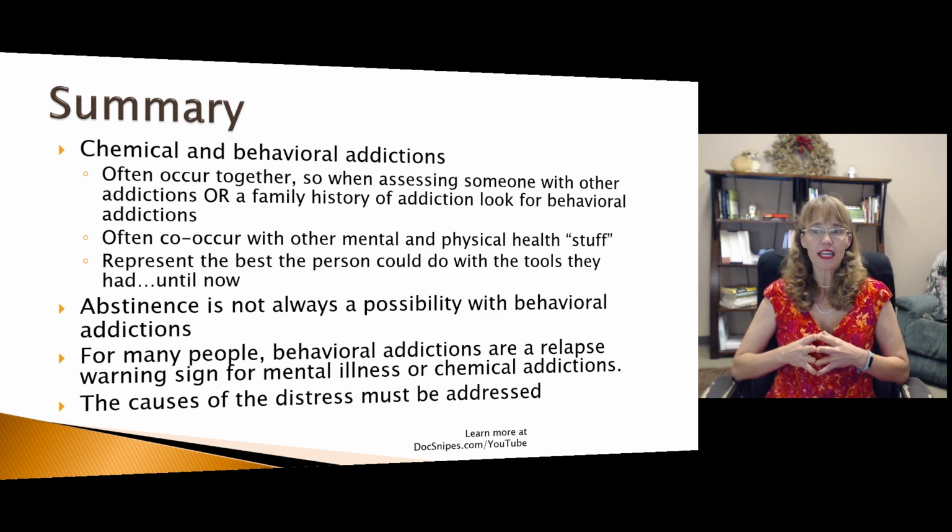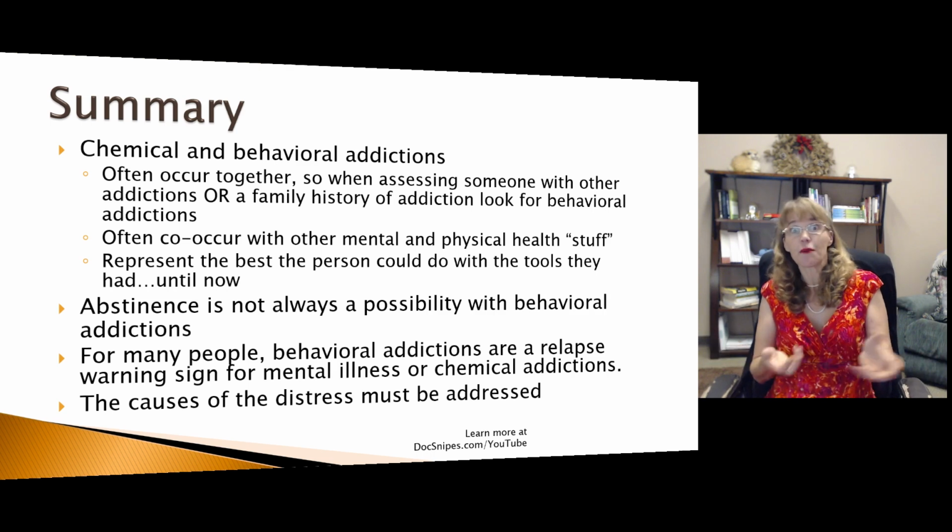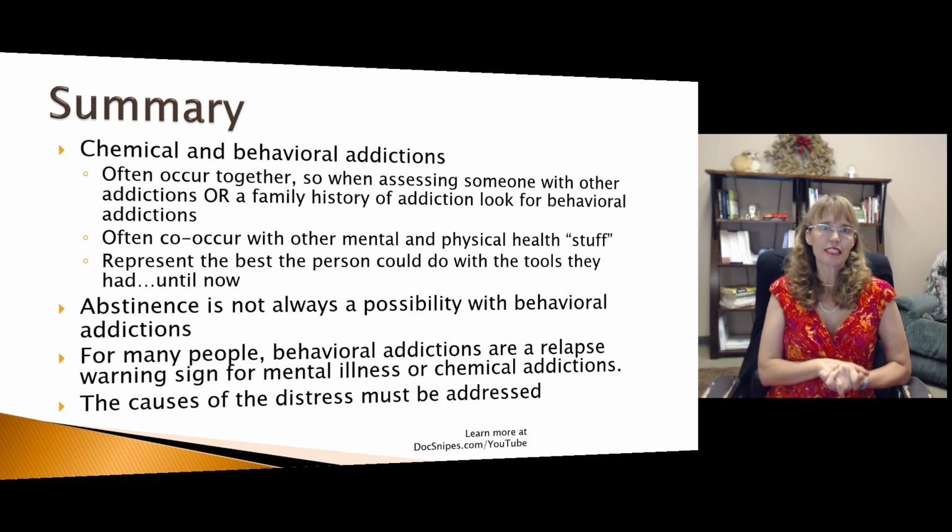Abstinence is not always a possibility with behavioral addictions, so we do need to be sensitive to that. And for many people, behavioral addictions are a relapse warning sign for mental illness or chemical addictions. And the cause of the distress that is prompting the behavioral addictions needs to be addressed.